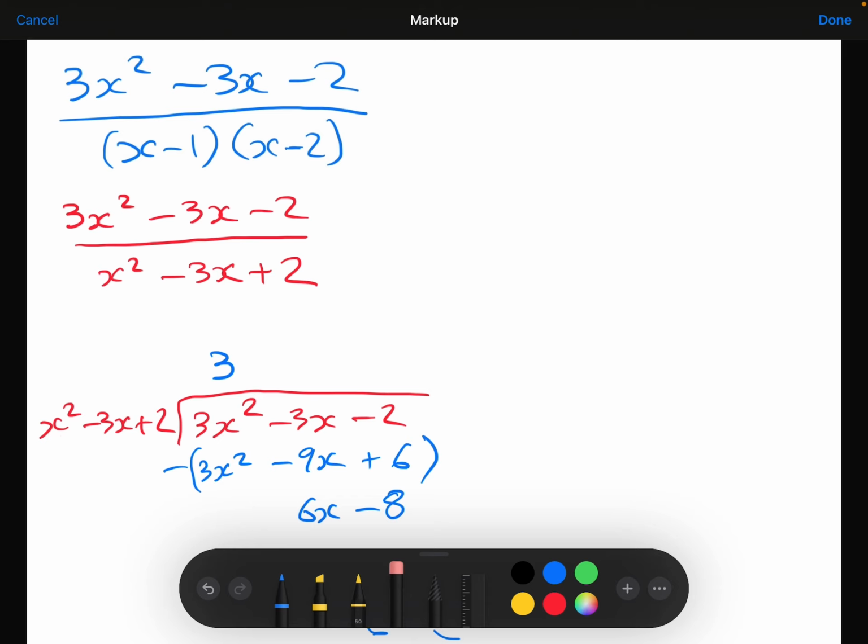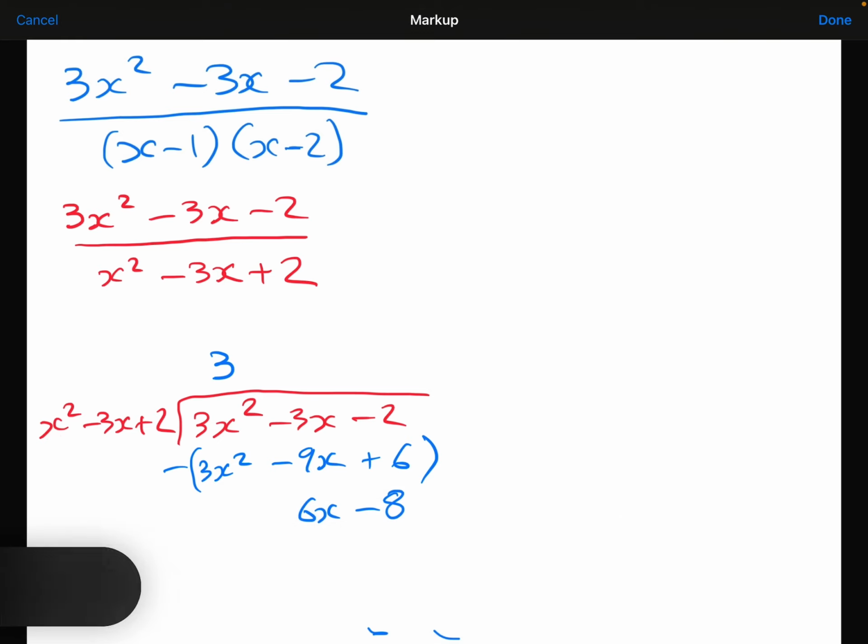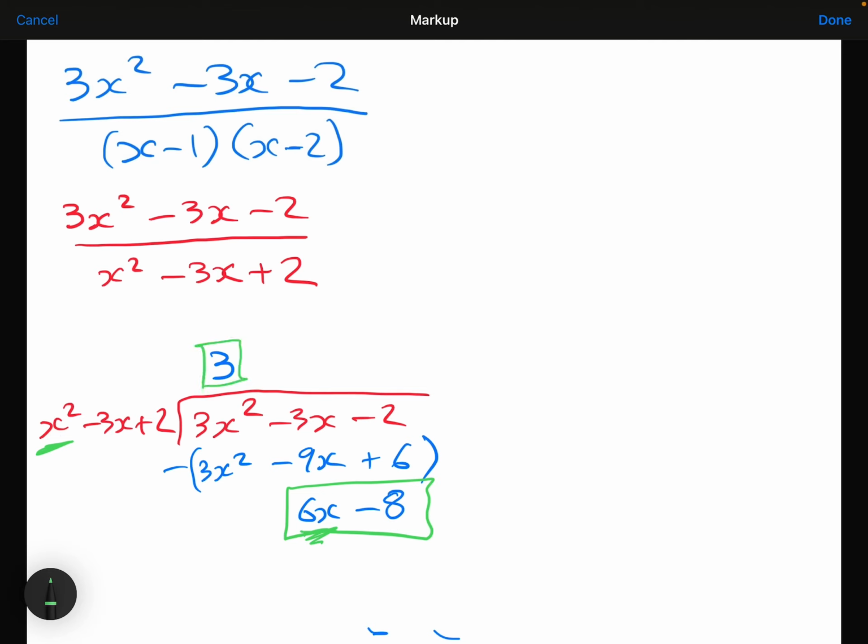Right, I would then carry on dividing, if I can. So I would then be looking, can the x squared go into the 6x? And obviously it can't. X squared does not go into 6x. So this is my remainder. So 3 is what's called the quotient.